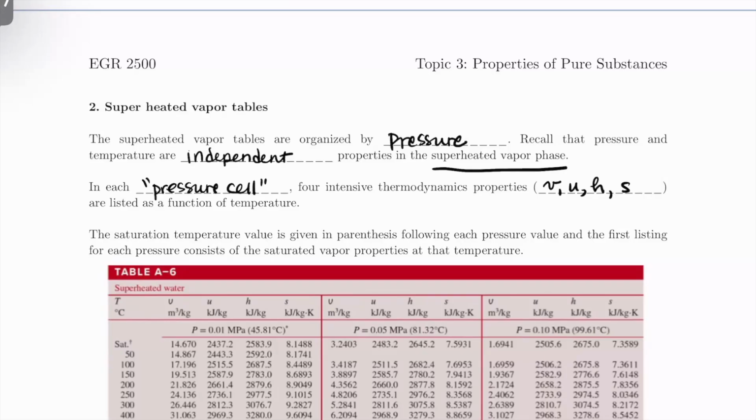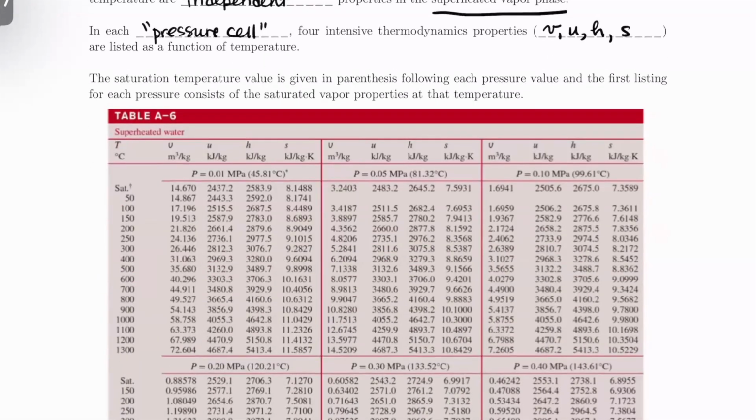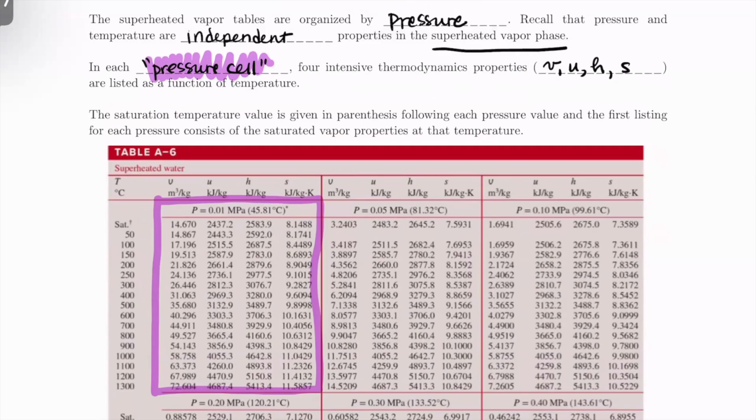So to kind of explain what I mean by a pressure cell, pressure cells are essentially these boxes that exist. All right, and you'll notice that at the very top of each of these boxes, we have a pressure. In the parentheses of each pressure is the saturation temperature.